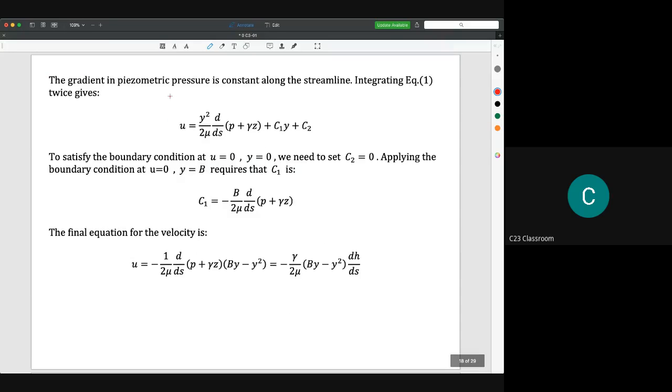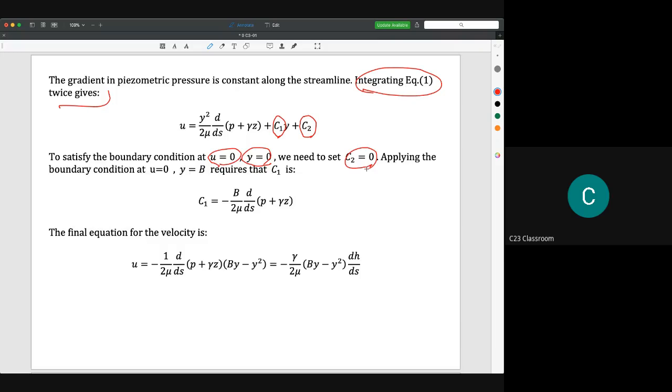So we come back to equation 1 here and integrate two times, and finally we have two constants, C1 and C2. I hope you could do this at home. Then we substitute the boundary condition u equal to 0 at y equal to 0, and we get that C2 is equal to 0.